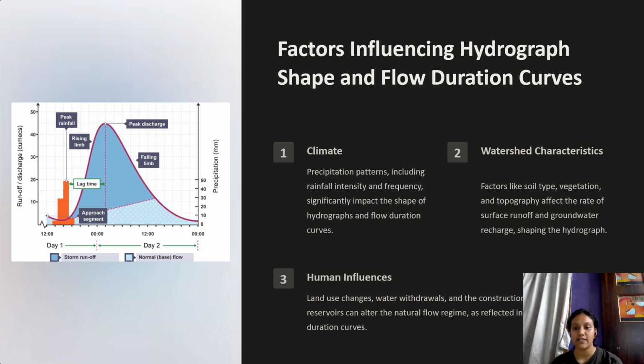Watershed characteristics, factors like soil type, vegetation, and topography affect the rate of surface runoff and groundwater recharge, shaping the hydrograph. Human influences, land use changes, water withdrawals, and the construction of dams and reservoirs can alter the natural flow regime as reflected in hydrographs and flow duration curves.